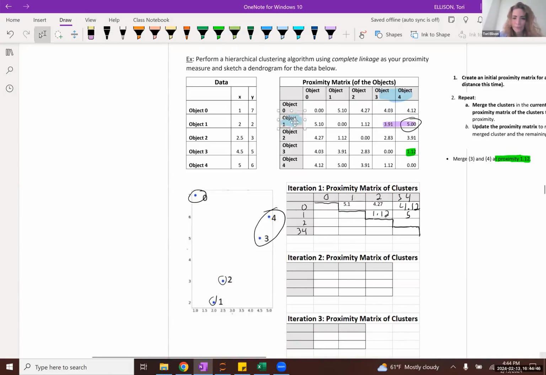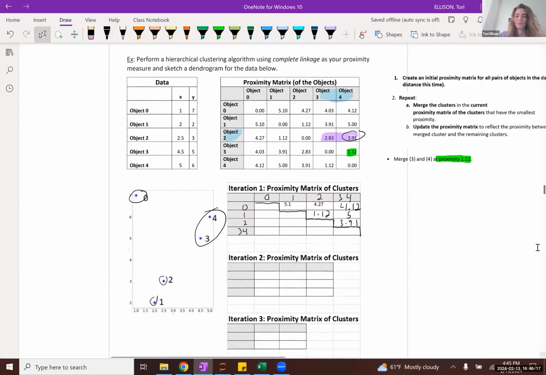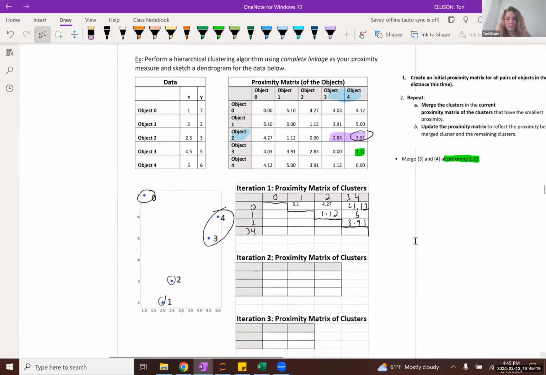And finally, the distance between 3, 4 and 2 is going to be the distance between the 2 furthest apart points in those 2 clusters. So that's going to be observation 2 and 4 at a distance of 3.91. So that is the distance between those 2 clusters. Okay, that's the end of the first iteration.